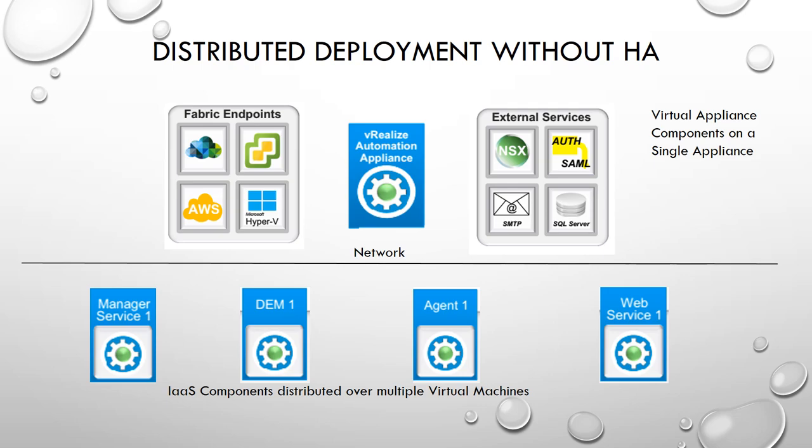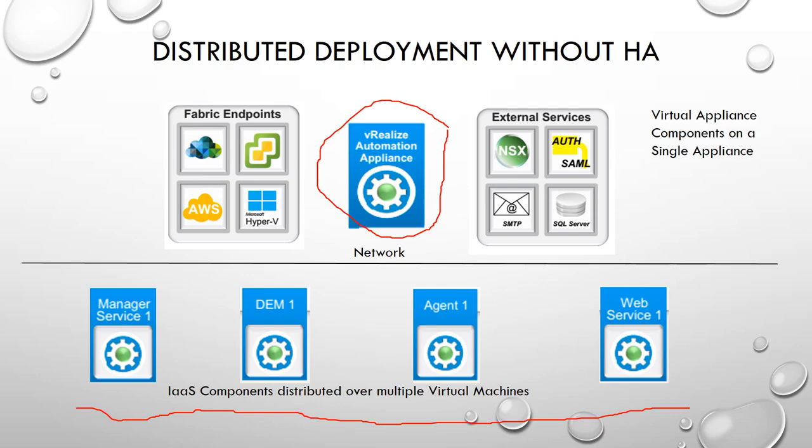In distributed deployment, of course, we are going to deploy our virtual appliance, and the IaaS components are going to be distributed among different virtual machines. That is, instead of running all the IaaS components together on a single virtual machine, we are going to club and distribute them on different virtual machines.